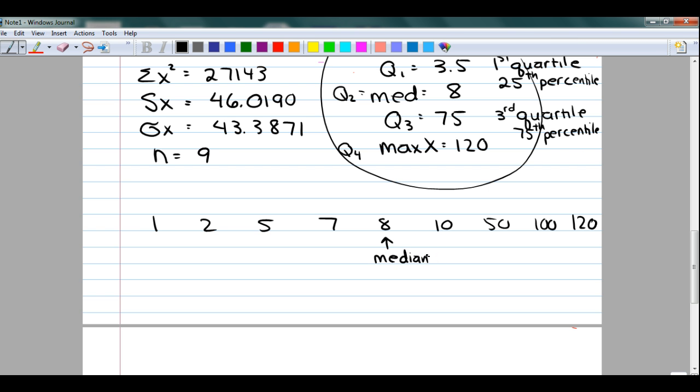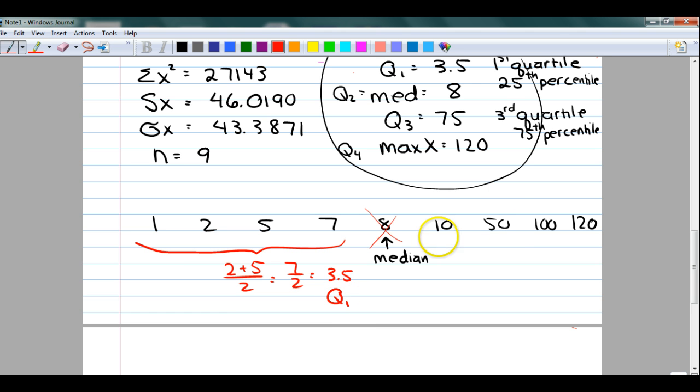If we ignore the median and say, oh, well, he's used up, so he doesn't count, and we just look at the numbers before, and we want the middle guy for that set, we would have to take the number in between the 2 and the 5. So we take 2 plus 5, divide by 2, 7 halves, 3.5. That's how our calculator got the first quartile.